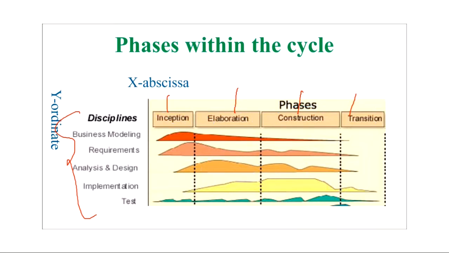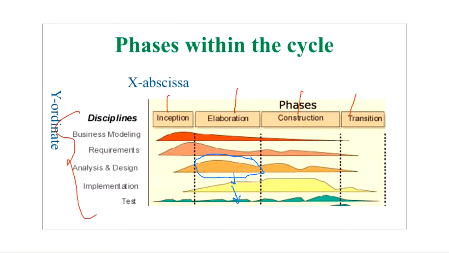Why is this distributed? Because this is cyclic. Every phase is cyclic. Okay. For example, in the elaboration phase, your main work is to perform design. You designed whatever the user needed. After that, you coded your design. After that, you performed the testing. But some bugs came while testing, and those bugs were not with respect to this coding part.